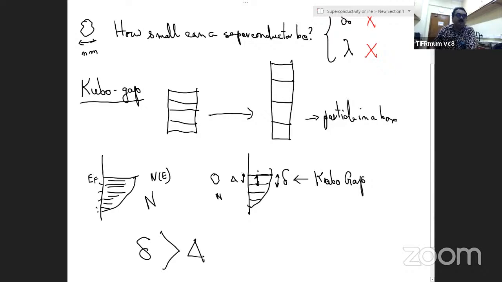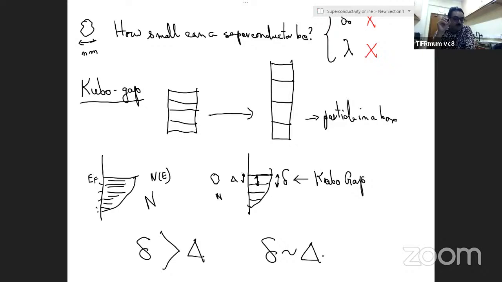But now, since this is the Kubo gap, I don't have any electrons here. So there are no electrons to contribute to the pairing. Therefore, the absolute limit of the size at which superconductivity is destroyed is when the Kubo gap becomes equivalent to the superconducting energy gap delta.